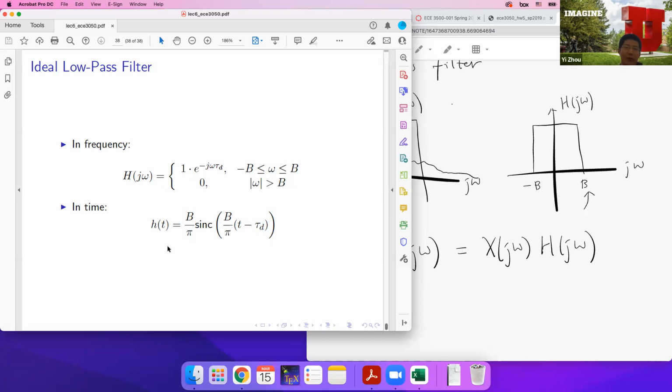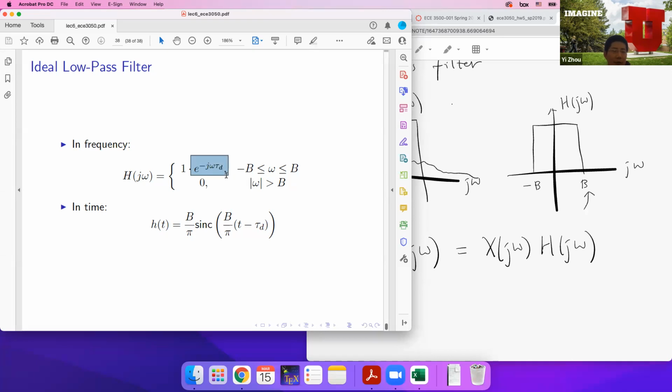From that table, we have transformation pairs corresponding to these window functions. So we can see that the inverse transform in the time domain will give a sinc type of signal. It turns out to have this standard expression, a scaled sinc type signal.